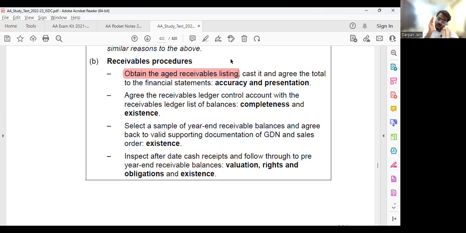You inspect how much of the amount that is shown as at the year end is received after the year end. Because if the entire amount is received after the year end, that means the value which we were showing is a correct value, right? So inspect the after date cash receipts.